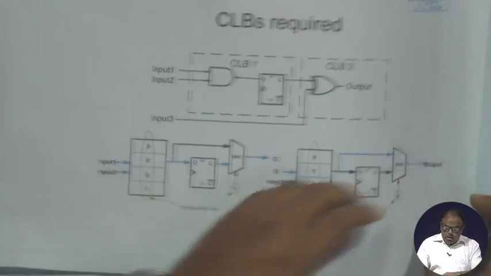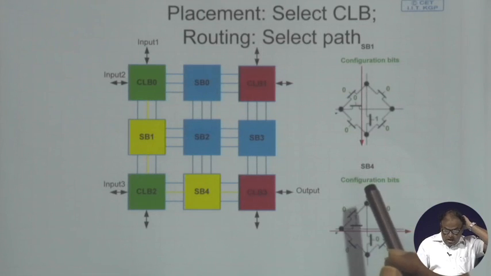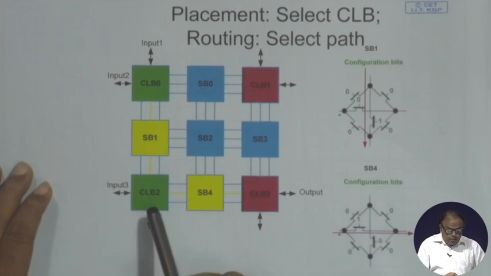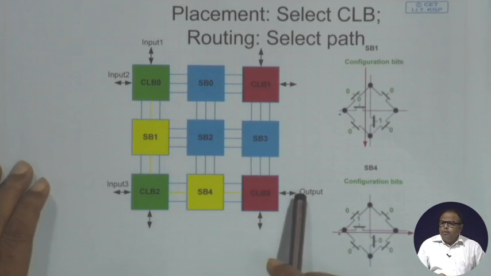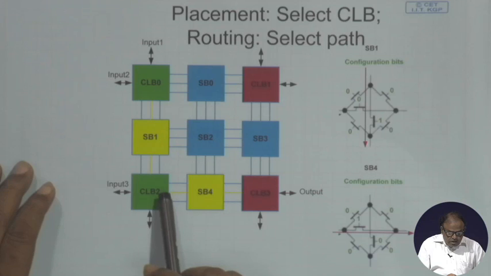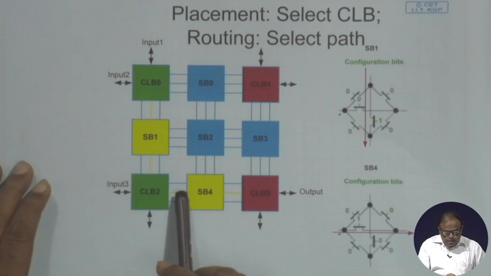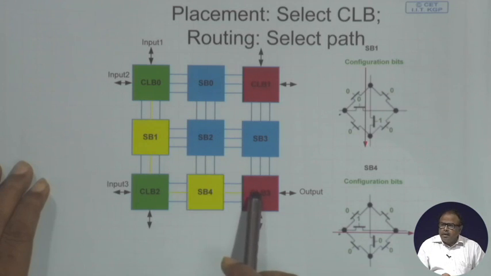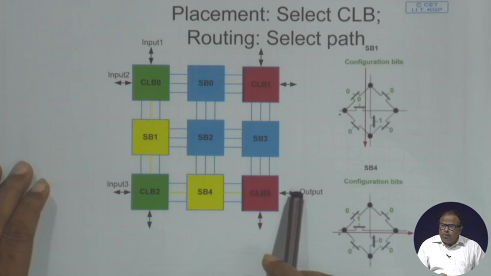Now, to make things complicated, I have decided that I will take the output not from this CLB, I will take the output from this CLB. That puts me in a spot, because now this output has to be propagated to this one and come out from here.